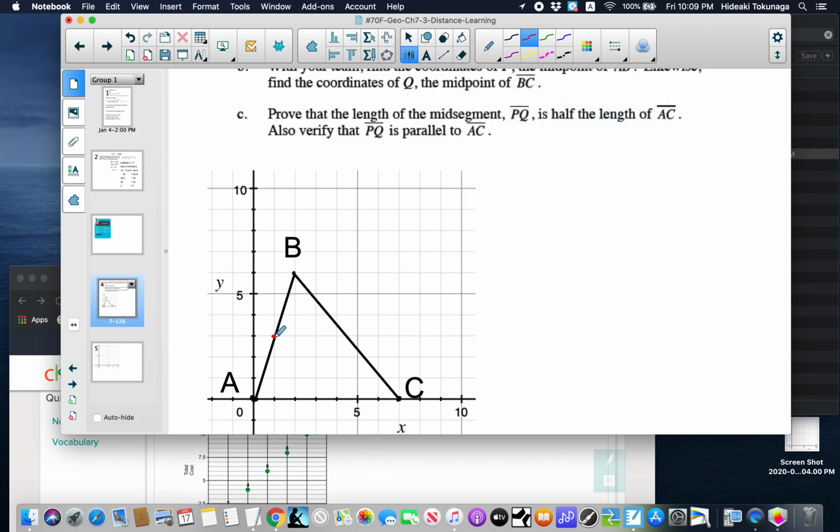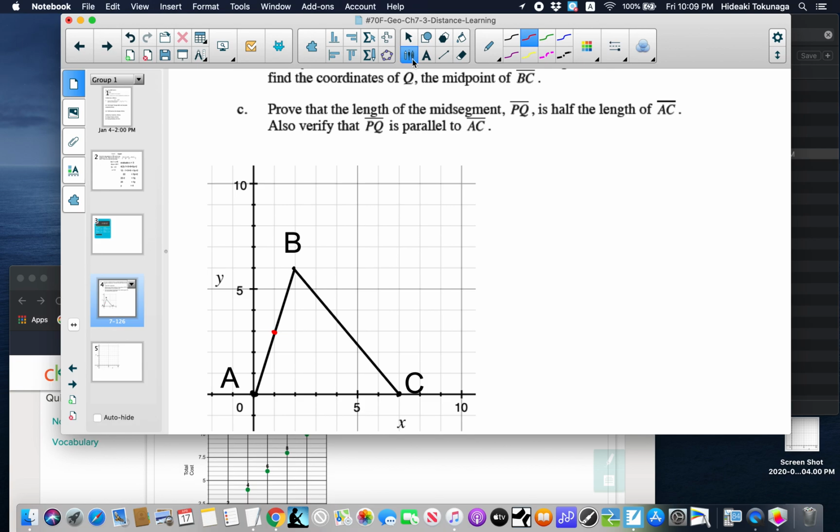Counting 1, 2, 3, 4, 5 and 1, 2, 3, 4, 5, 6, so 6 over 5. Let's see. Maybe I should use algebra. Even for this one I should have used algebra.